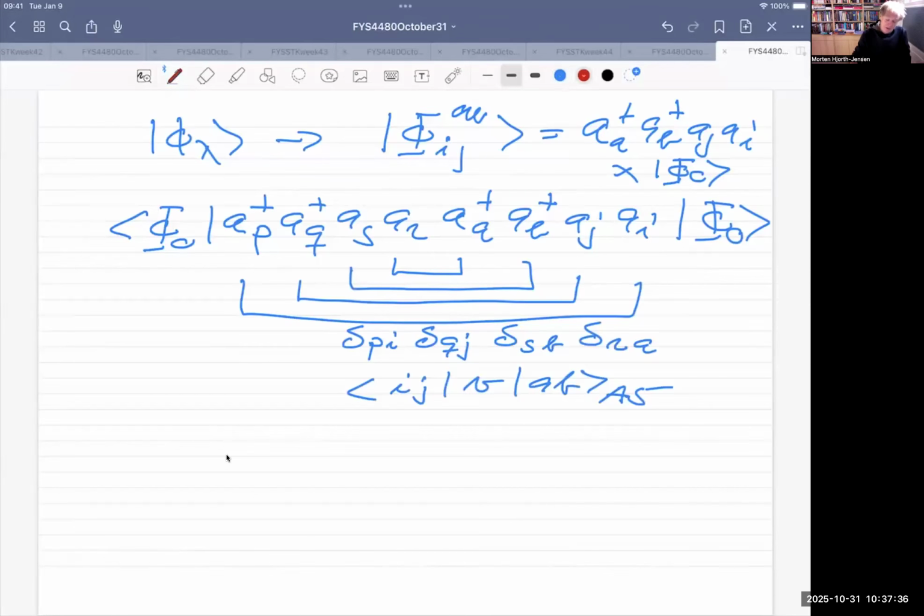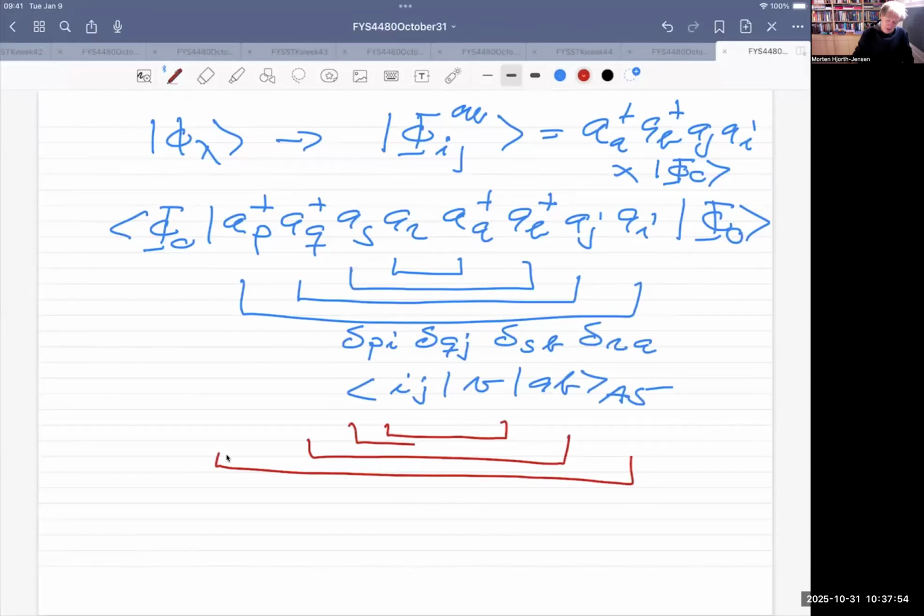And then we can start playing the same games which we did before, and we get 3 more. So one is just to keep these guys fixed, the hole lines, but then we can interchange the contractions in the particle states. So we would then have this one going like that. And the 2 outer ones, the ones involving the hole states, are going to be the same.